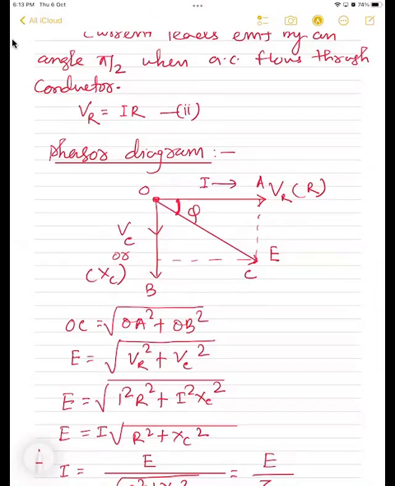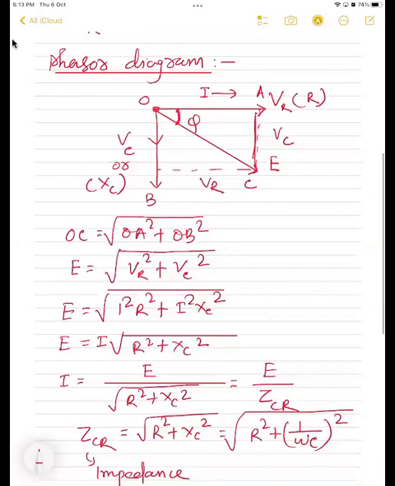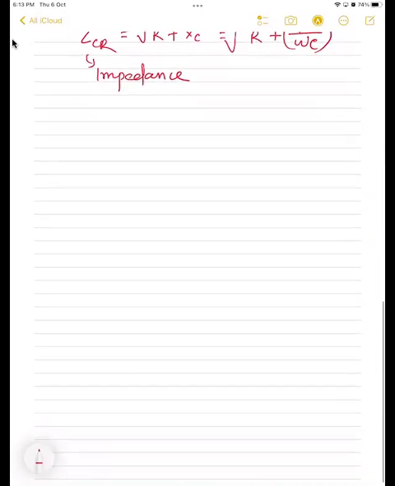If we talk about the resultant EMF, let phi be the angle made by E with the x-axis. Then tan phi is equal to perpendicular by base, that is AC by OA, which is VC by VR.